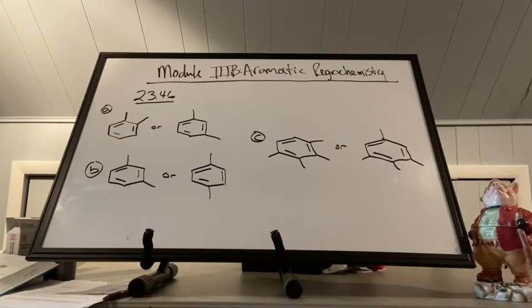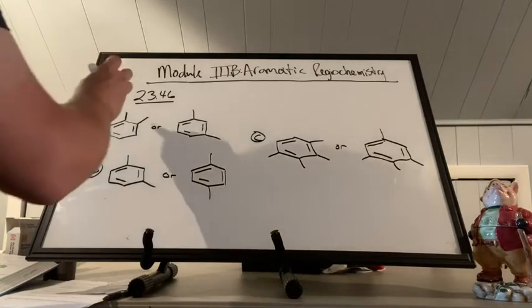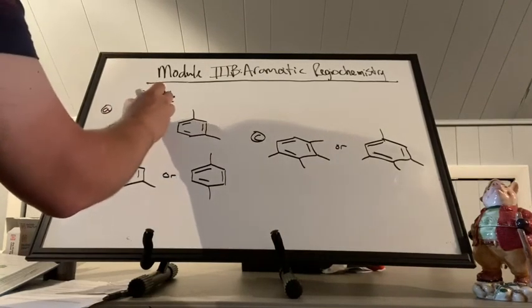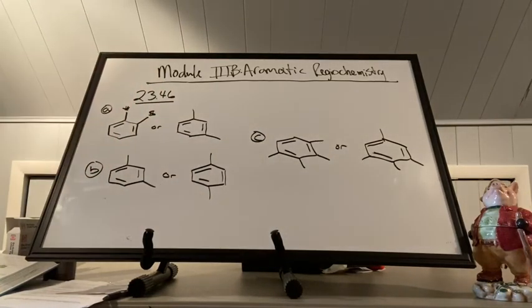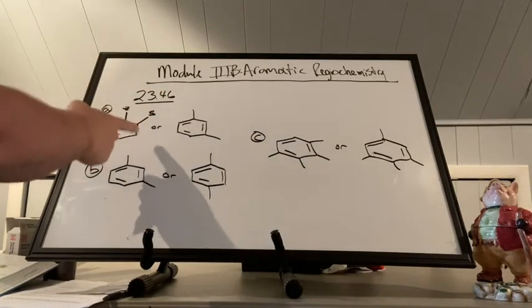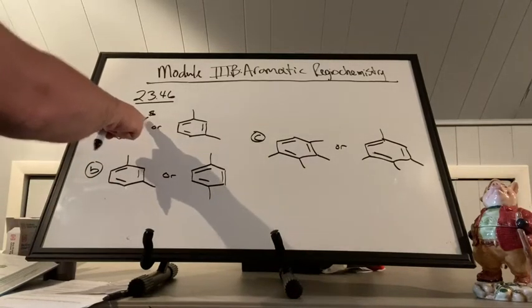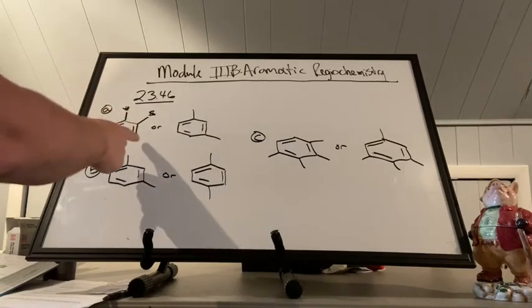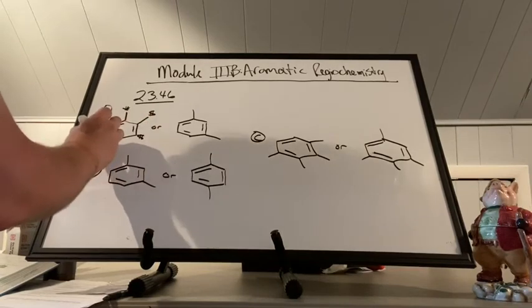So what you're going to want to do is assign a dollar sign here to say all the places in which this will influence activation. In other words, this is going to be ortho-para for each position relative to it. So we put a dollar sign right there, dollar sign right there.